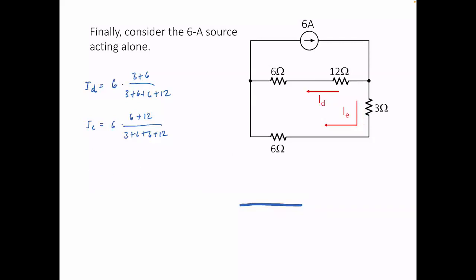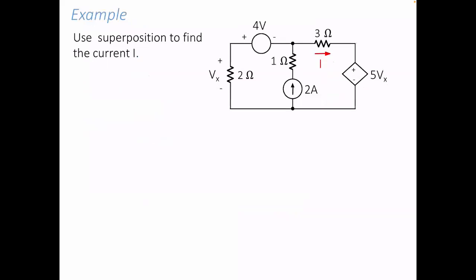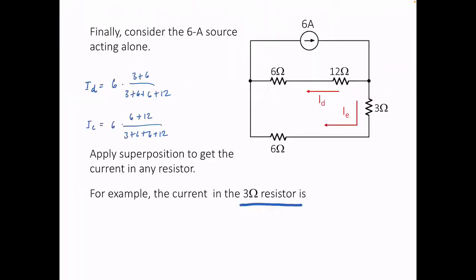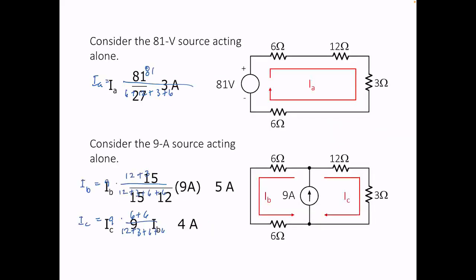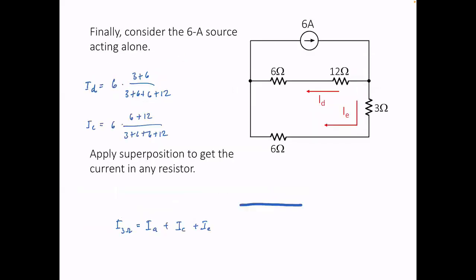So the current in my 3 ohm resistor will be I 3 ohms equal to IA plus IC plus IE. Let me just check. IA, IC, and IE. Yeah, that's right. Okay, so superposition.